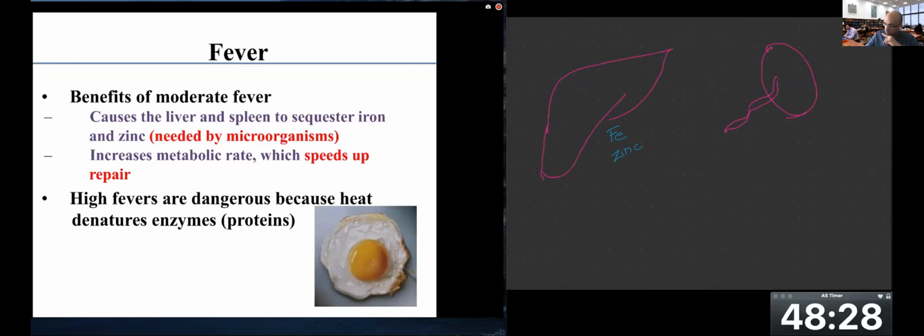From my blood vessels, I keep them in the liver and the spleen simply because many of the pathogenic cells are going to require them for their metabolic activity. So what is fever doing here?